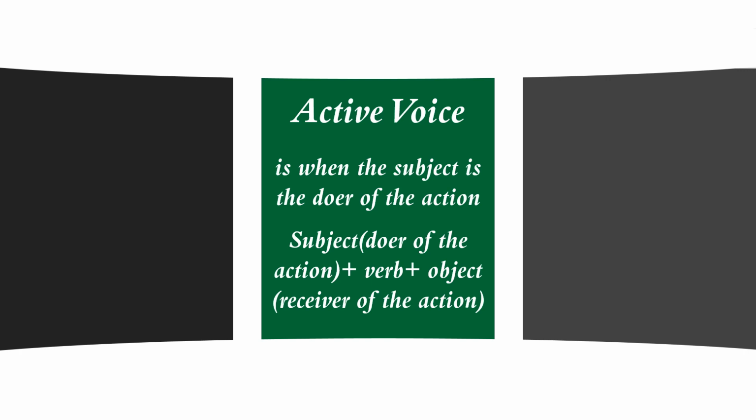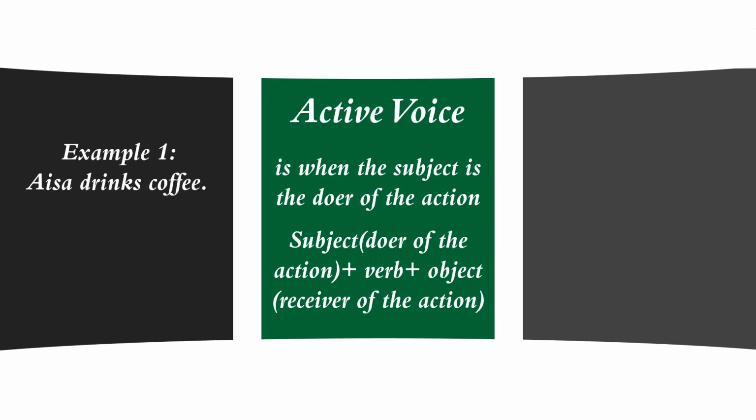In most of the example sentences for active voice, the object is the direct object, or answers the question who or what is the action for, because it is the receiver of the action. We discussed direct object in the last lecture video. So I have here two examples. The first one is Isa drinks coffee.